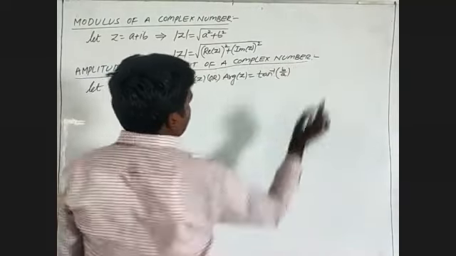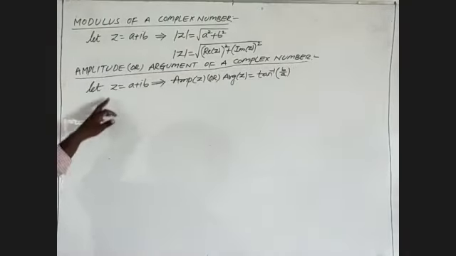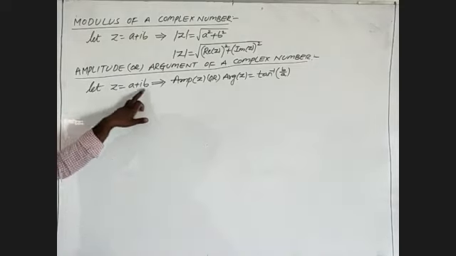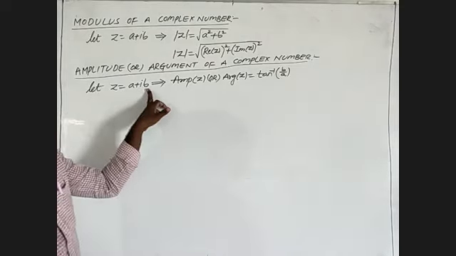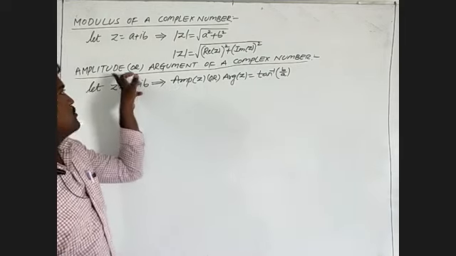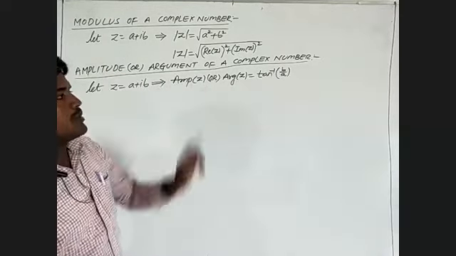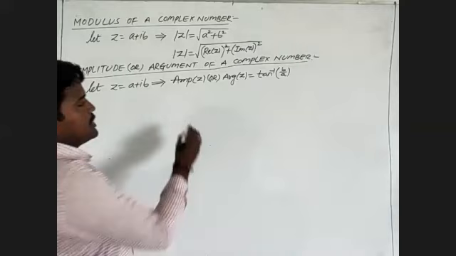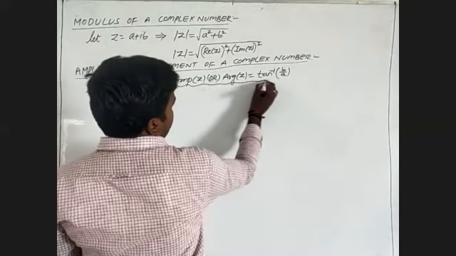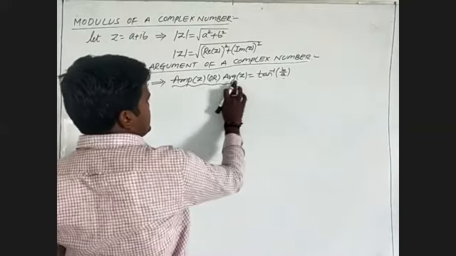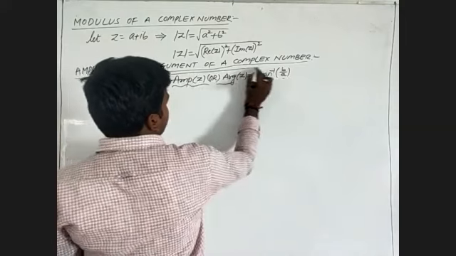Let z is equal to a plus ib is any complex number. Then the amplitude or argument of a complex number can be denoted by tan inverse b by a. Tan inverse b by a. This is most important, useful in problems.